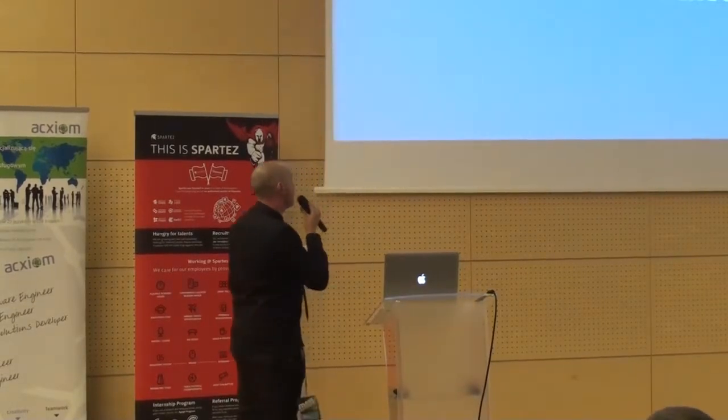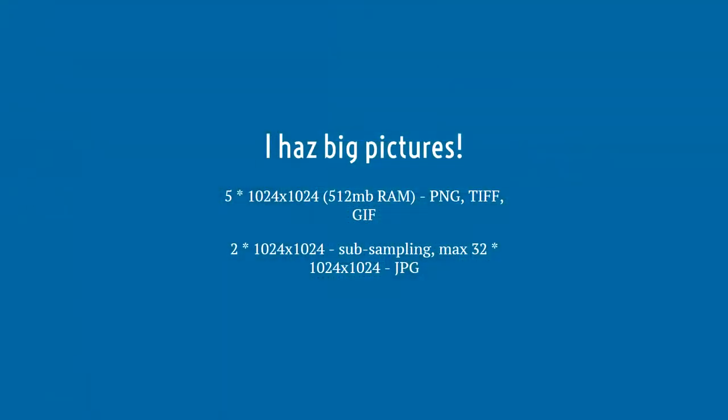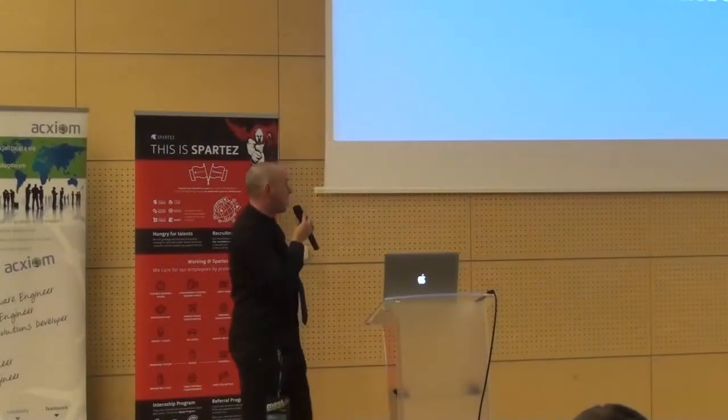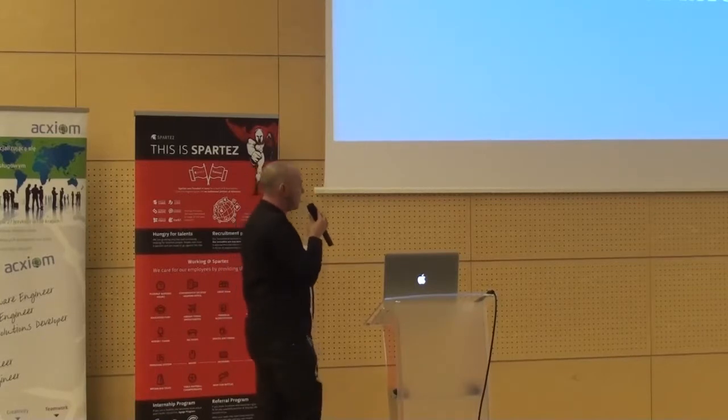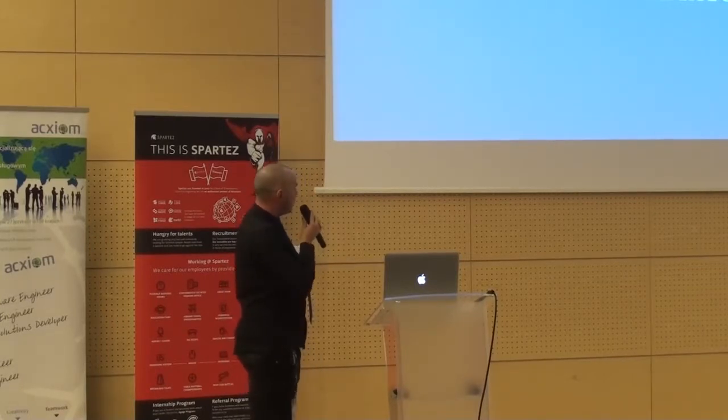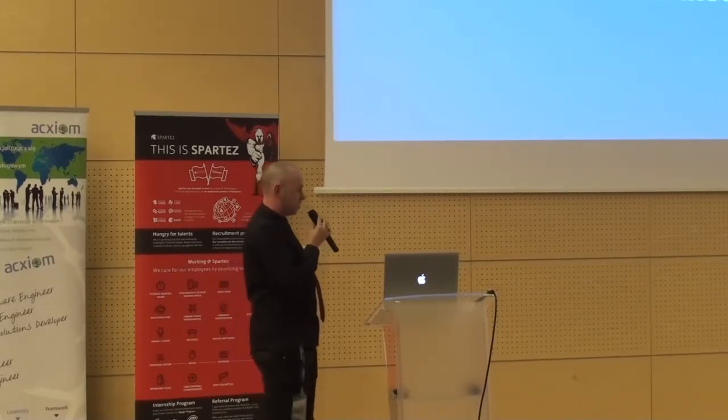The maximum image size is 5 megapixels for PNG, TIFF, and GIF images, and this is true for devices with at least half of the RAM. So iPad 1 has this limit even lower. And what is interesting, it's only 2 megapixels for JPEG images.